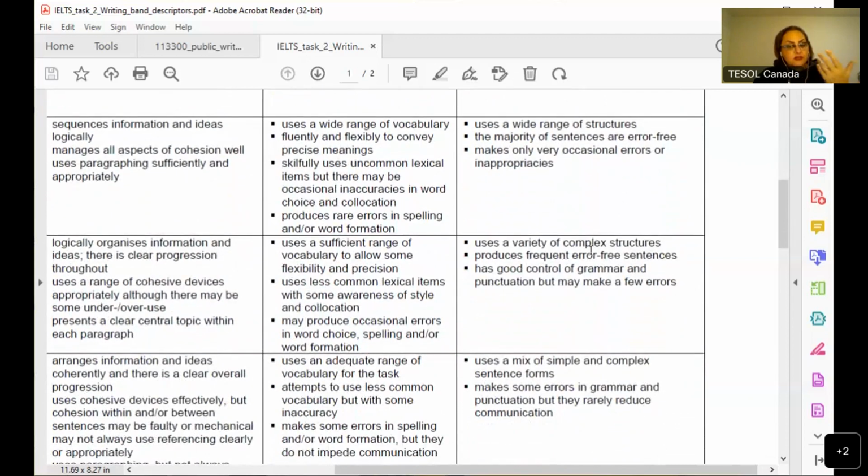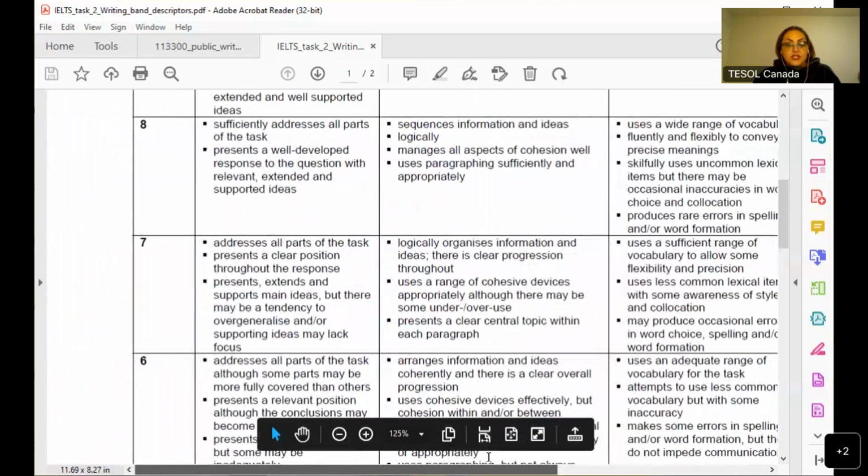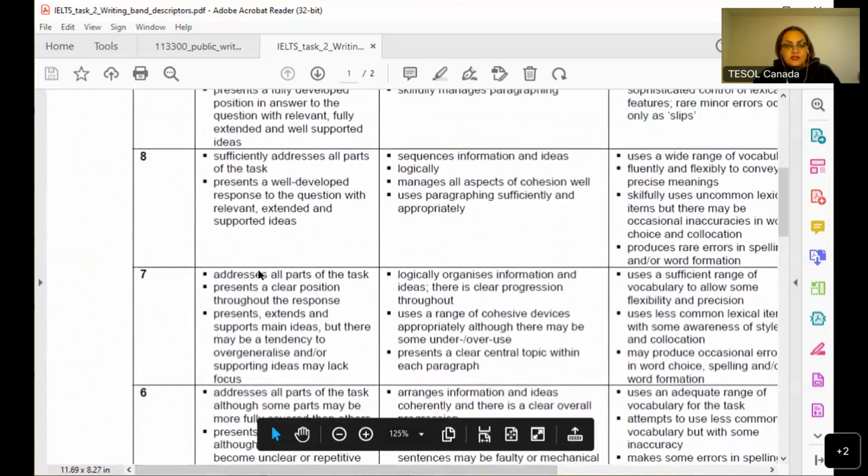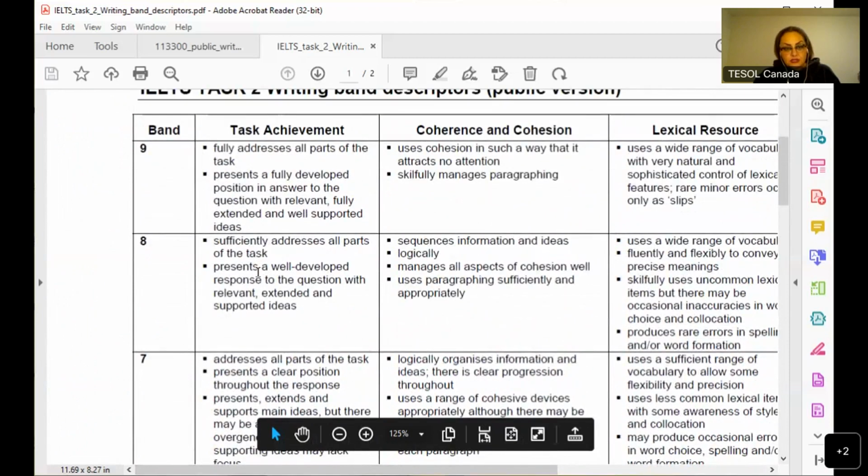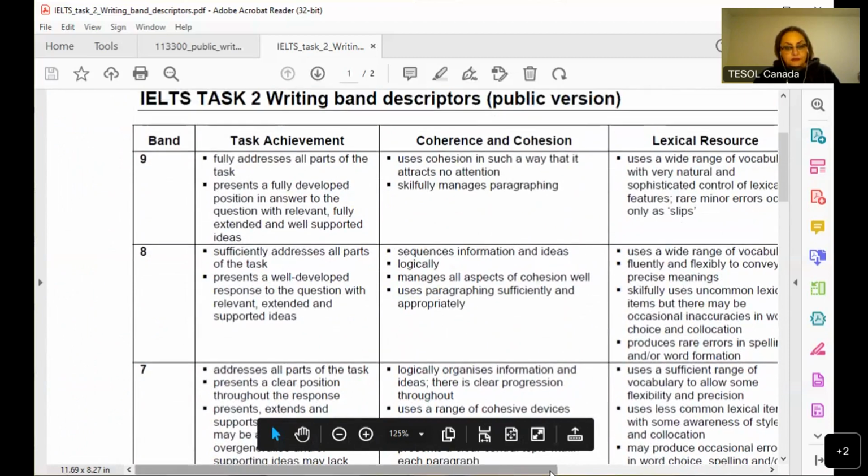In 7, uses a variety of complex structures. Produces frequent error-free sentences.